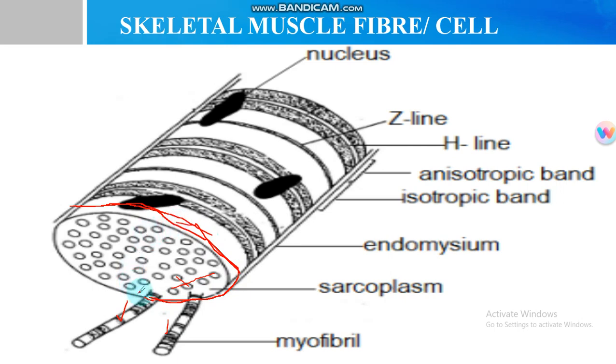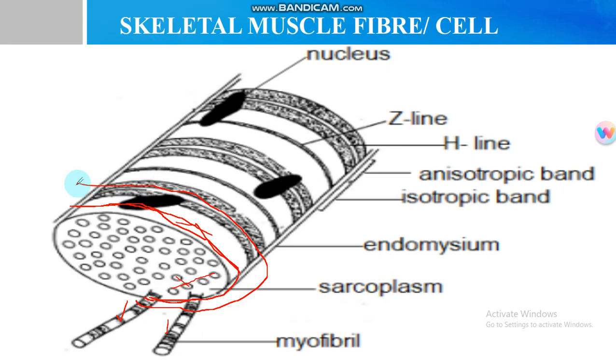Then the dark bands of this myofibril will be on the same line with the dark band of the next adjacent one, and will be on the same line with the next adjacent one, like that, to form now this continuous dark band here.